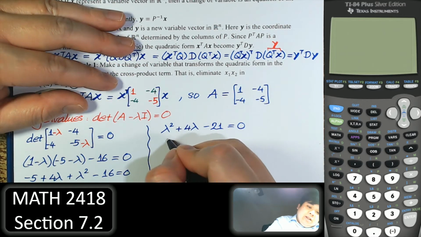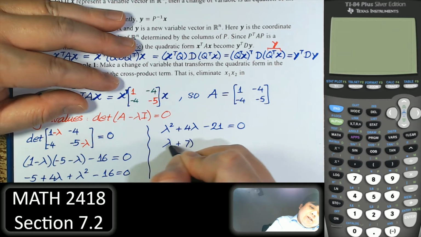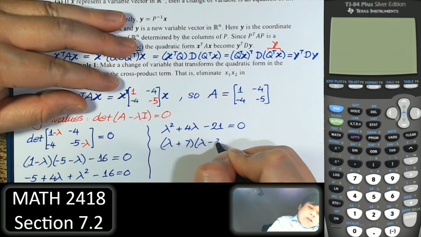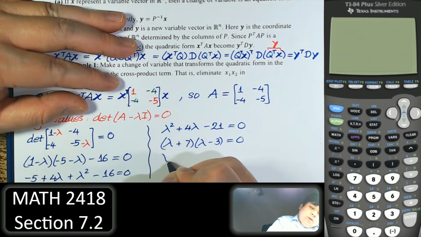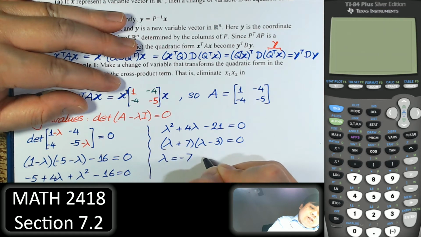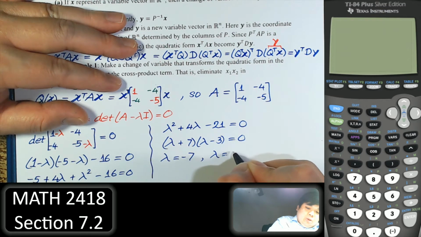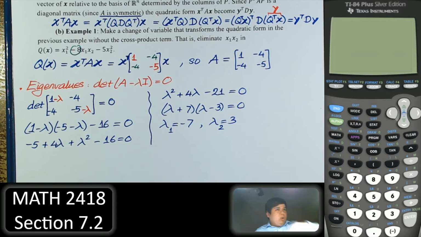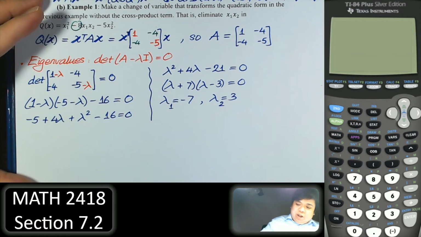So that gives us lambda plus 7, lambda minus 3 equal to 0. So lambda equal to negative 7, and lambda equal to 3. Right, so we have two eigenvalues, as expected.